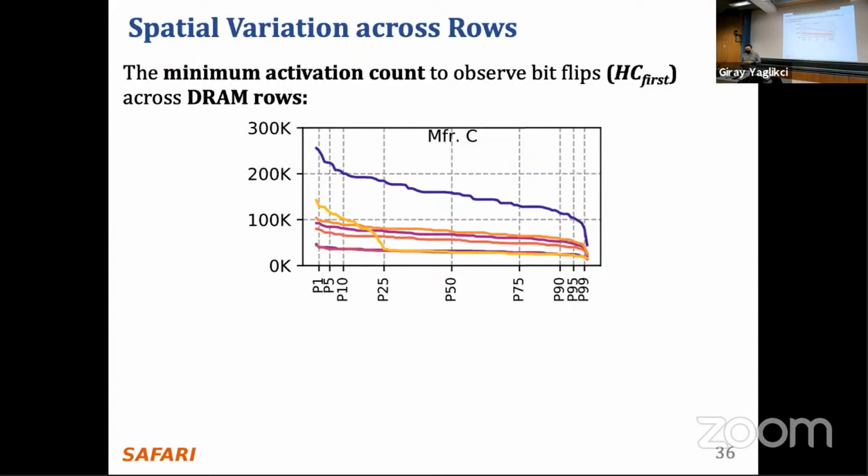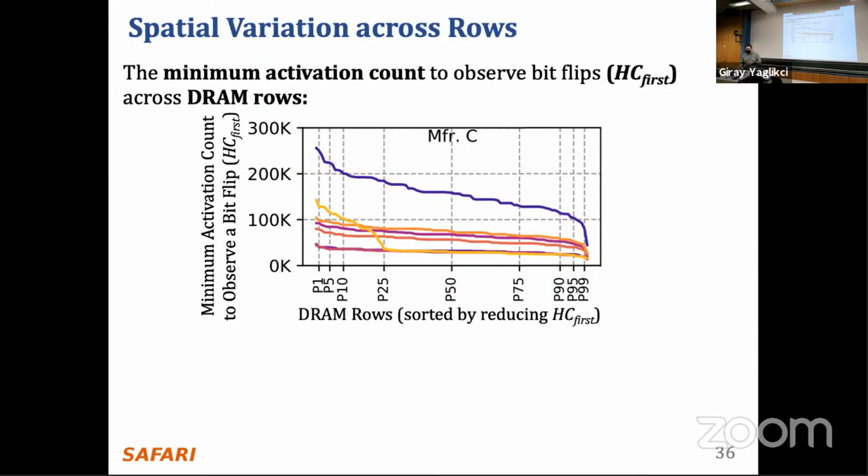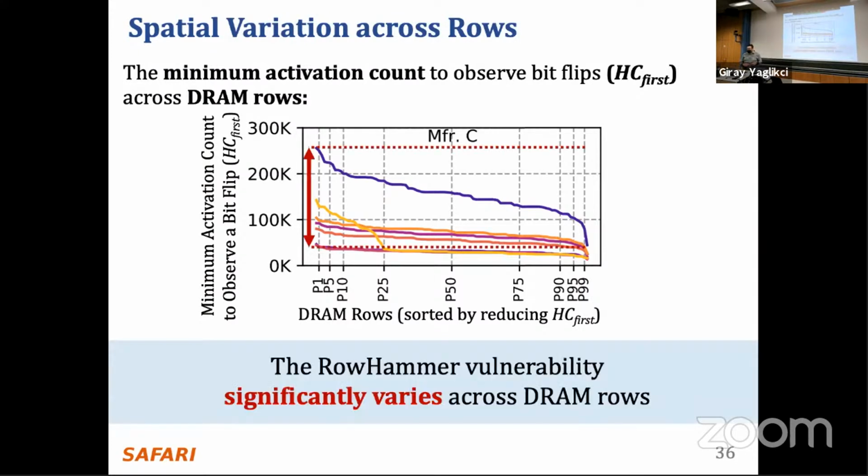To do this analysis, we first investigate how HC first, or the minimum activation count to observe bit flips, varies across different DRAM rows. On the x-axis, you see different DRAM rows sorted by reducing HC first value. We observe that HC first values, and thus RowHammer vulnerability, significantly vary across DRAM rows.